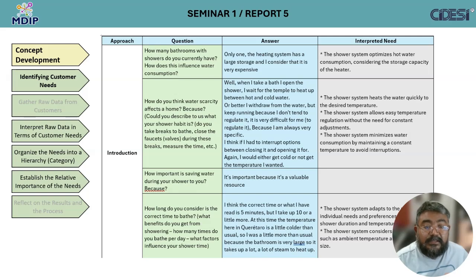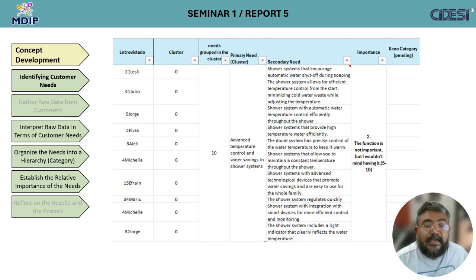For our team, this activity was complicated because initially the development of this step was wrong. One of the main observations of the doctor was the incorrect formulation of the statements for interpreting needs, skipping the step to eliminate redundant or similar responses, incorrect categorization, misinterpreting basic needs from secondary needs, and relying on a single criterion to assign importance.